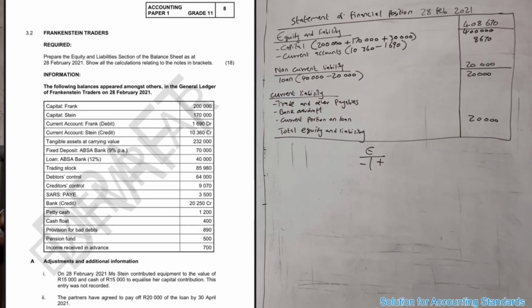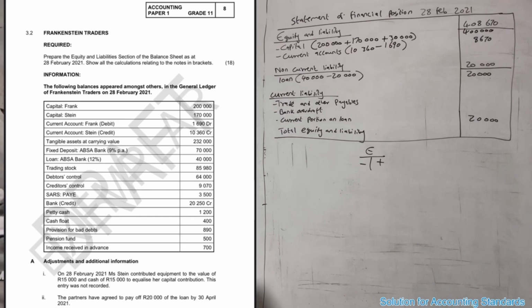Okay, so the next one. If you check, our bank was indicated as credit. If it's credit, it's indicating that the amount, guys, is negative.